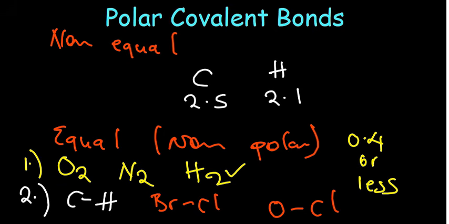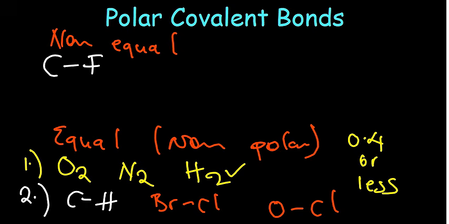So the difference in electronegativity helps you classify bonds as polar or non-polar covalent bonds. Now, giving more examples under polar covalent, we can look at chlorine and fluorine. That is a non-equal sharing of electrons.